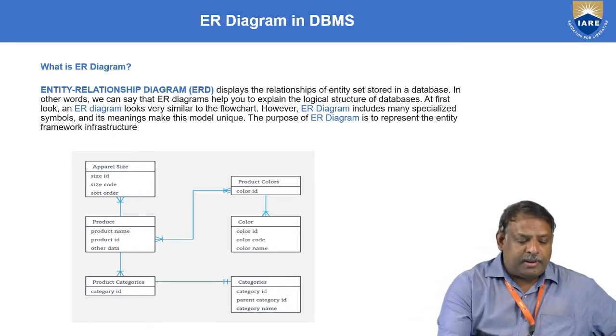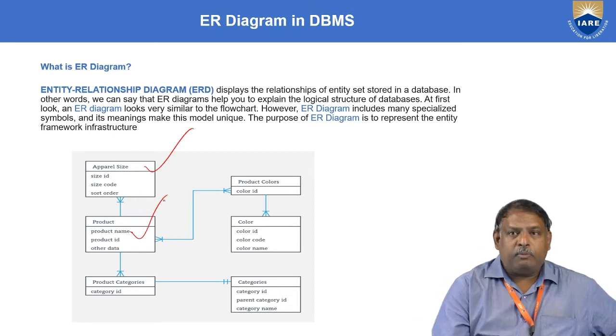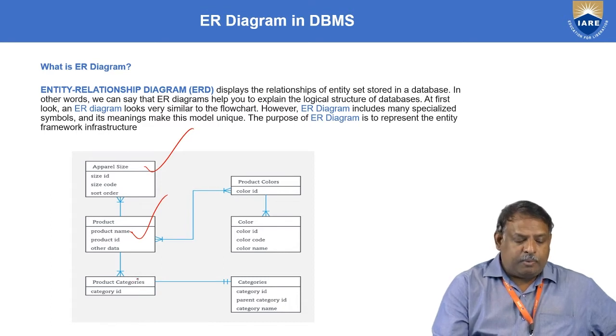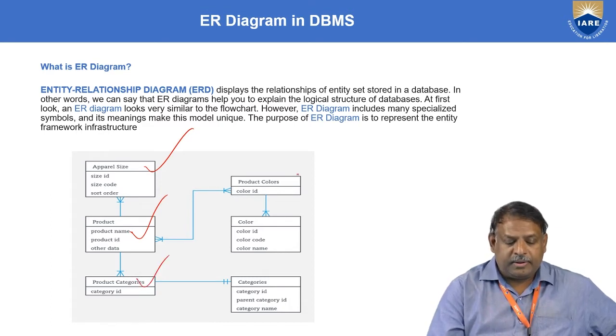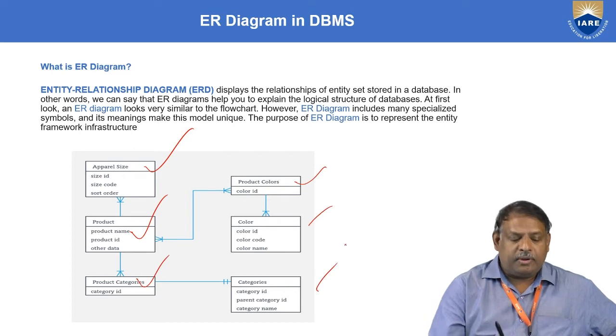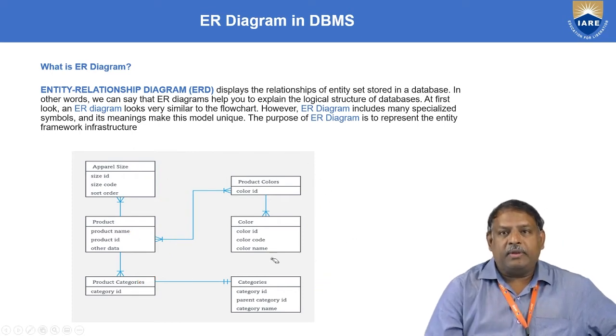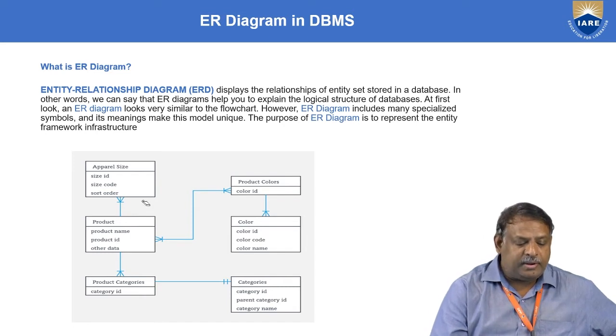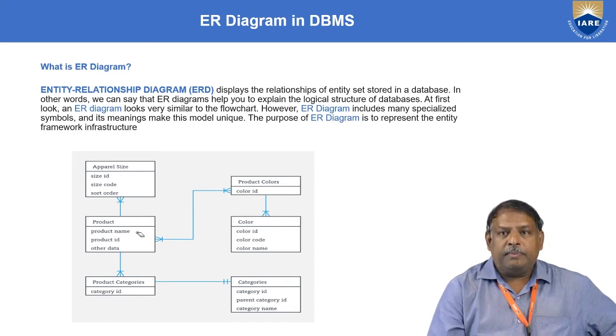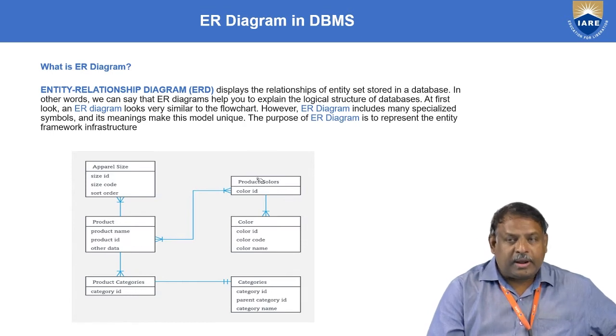So here, apparel size is one entity, product is one entity, and product category, colors, all these are different entities. And these entities are interrelated to each other. For example, apparel size is related to product. Product is linked to product categories. Again, the product color.